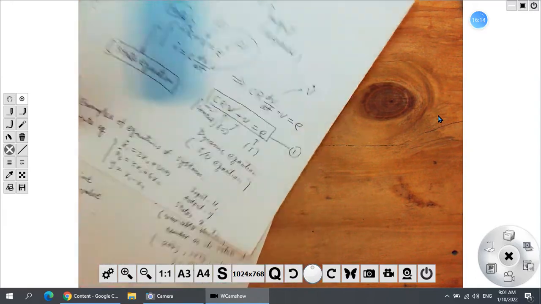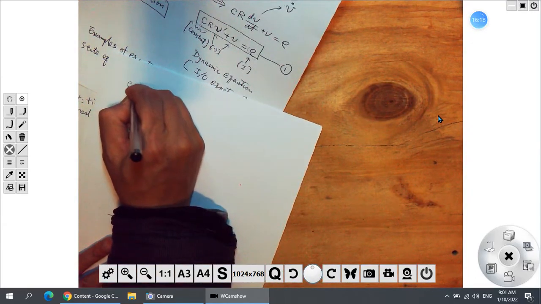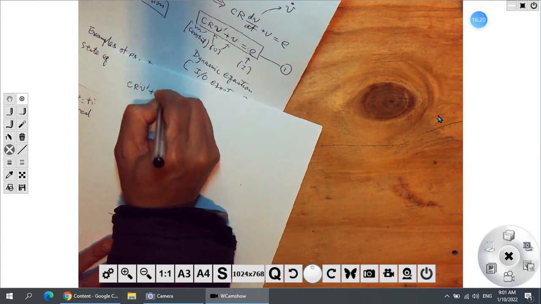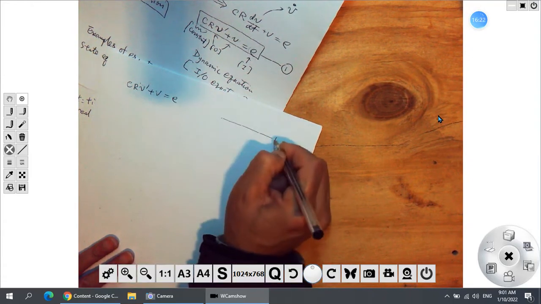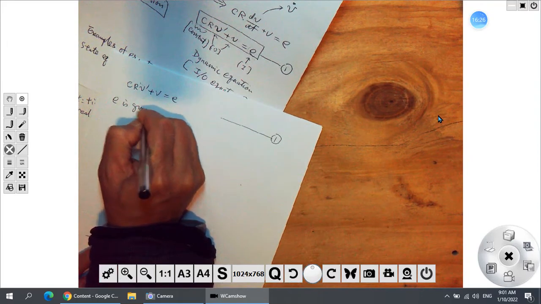Yeah, you can see. So here, of course, CRV prime plus V equal to E. This is Equation 1, and E is given. It's given, but it could be anything.